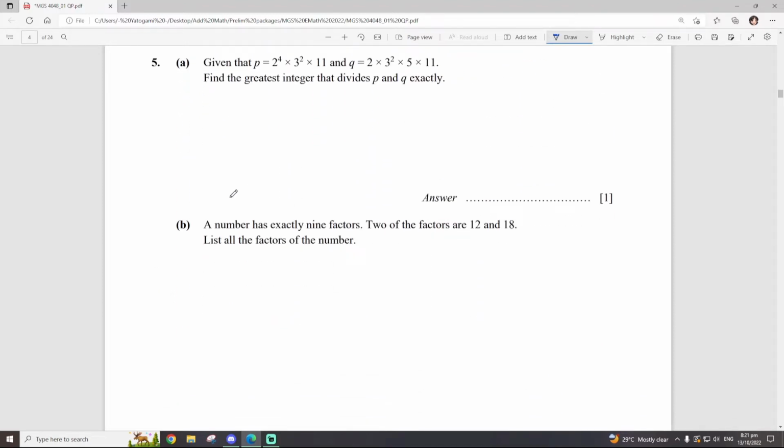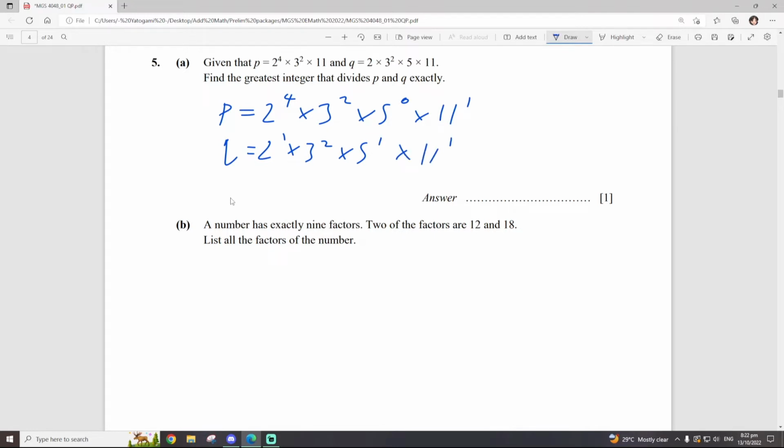Question 5, you have this. Given the prime factorizations of these two numbers, find the greatest integer that divides P and Q exactly. So, as I did with the Hua-Yi paper earlier this morning, we write all the powers out. This is 5 power 0, and this is 11 power 1. And Q is 2 power 1 times 3 squared times 5 power 1 times 11 power 1.